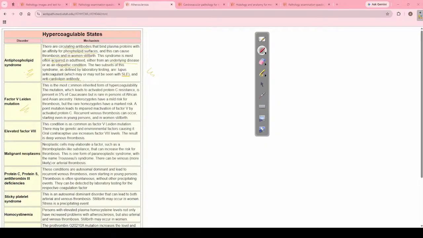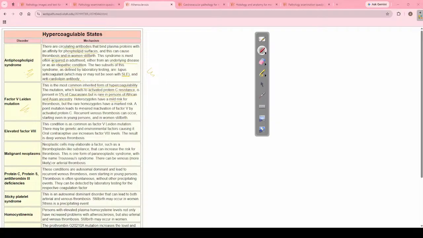It is the most common inherited form of hypercoagulability. It leads to activated protein C resistance. Activated protein C resistance is present in almost 5% of Caucasians, but is rare in those of African and Asian ancestry. Heterozygous have a mild risk for thrombosis, but homozygous have marked risk. And it is autosomal.